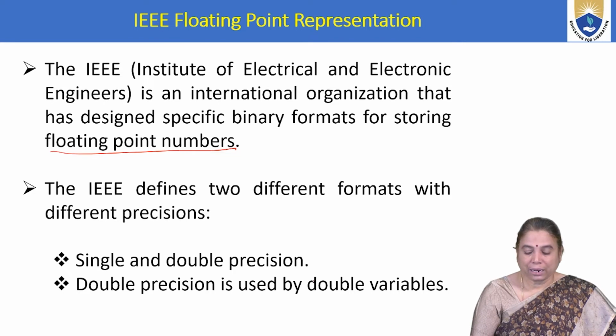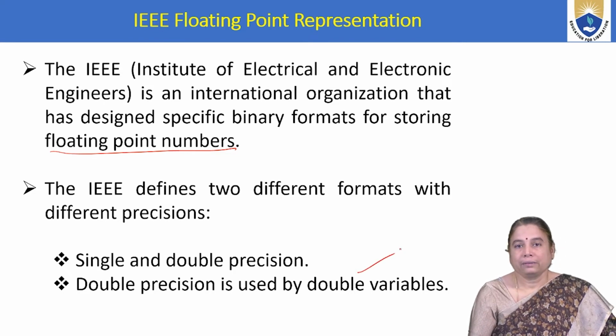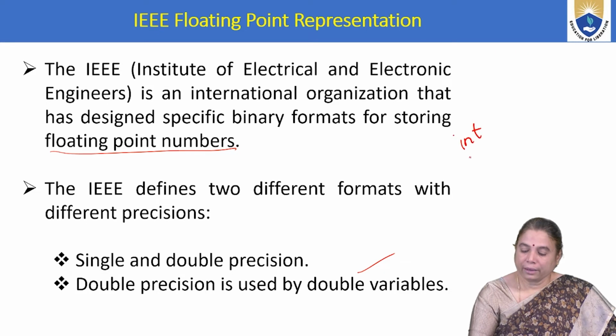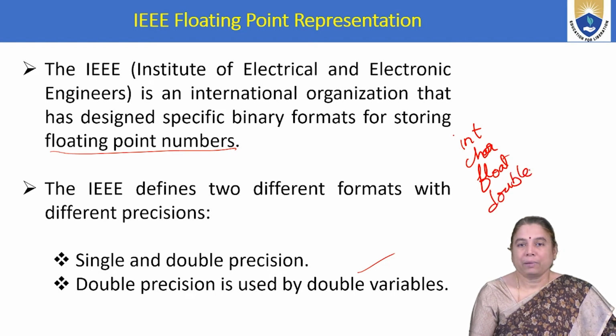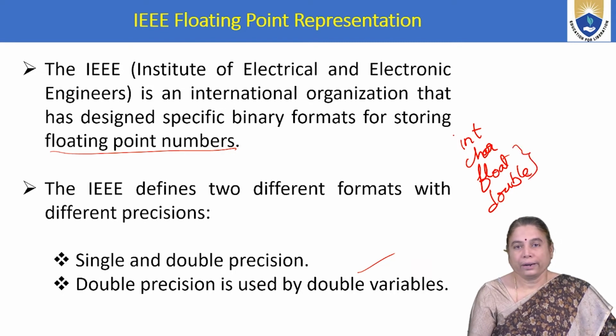Double precision can be used by double variables. If you observe the C programming language, while defining the data types, we have different categories like int, char, float, double. Here decimal numbers can be represented with two data types, float and double.